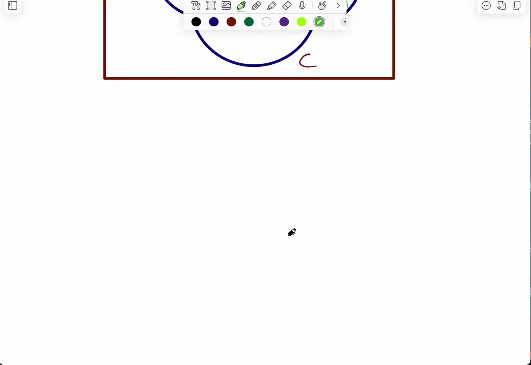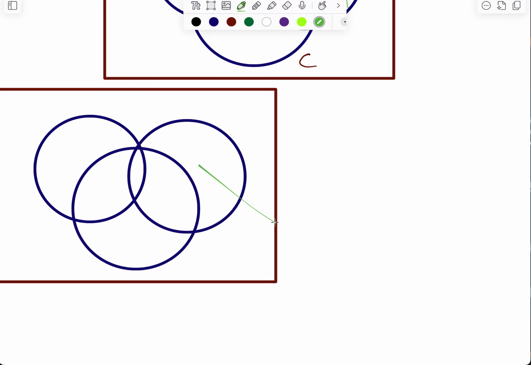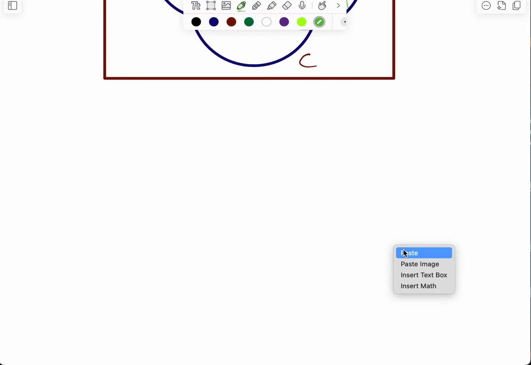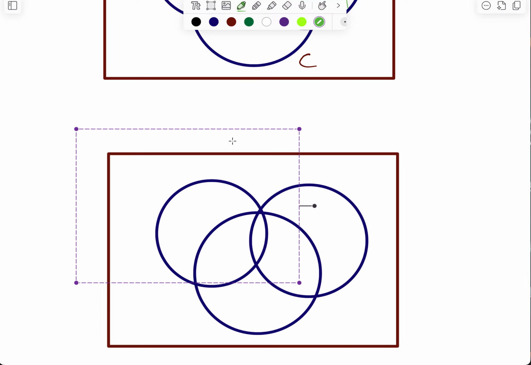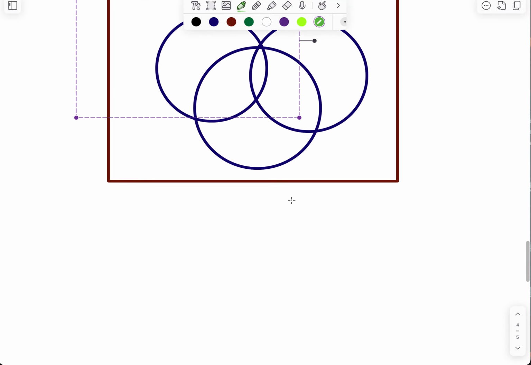For intersection, this is how I usually teach it. Let me paste this again so that I can use it. To do intersection, I'm going to come back to this particular image.